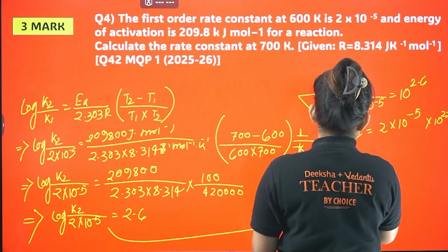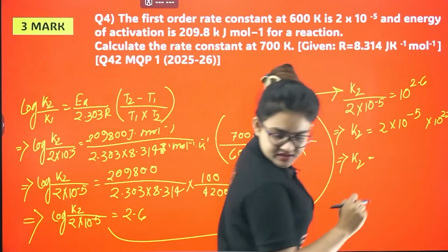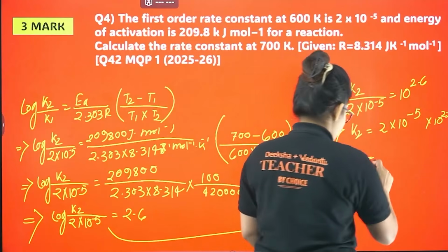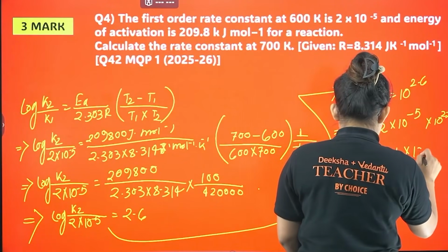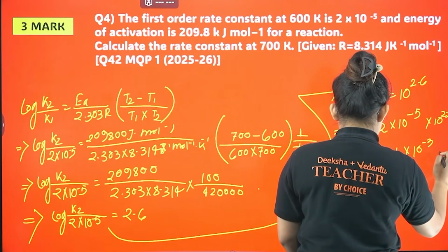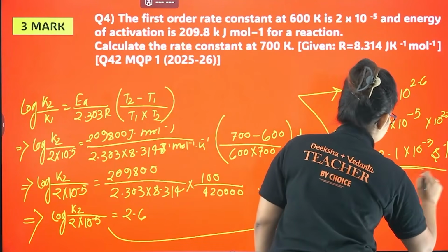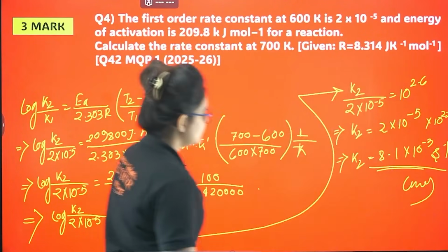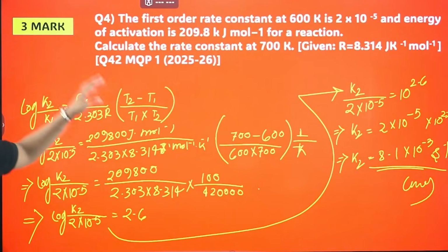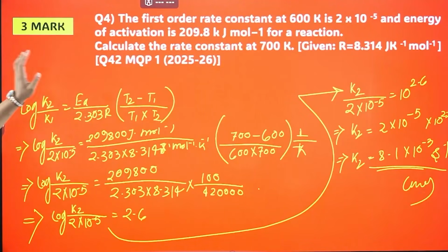If you just calculate this, it will come up to be something like 8.1 into 10 power minus 3 second inverse. I guess the full calculation I showed here is clear for you.